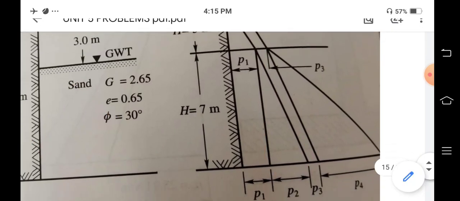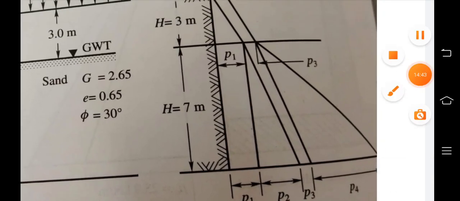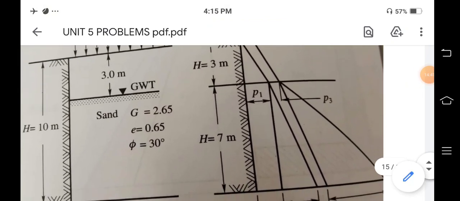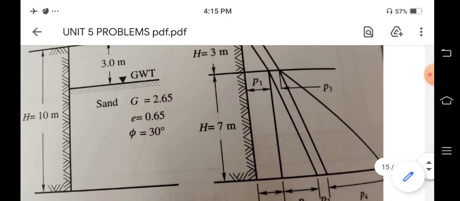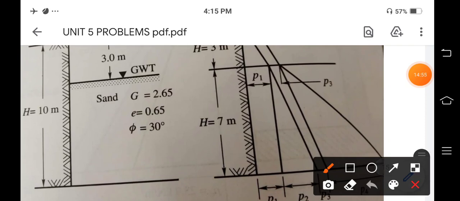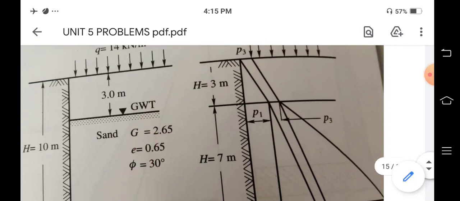And then for the next figure, this figure, we can calculate by P3, because the whole is for P3. So, this is P3 and there are two heights: this is the first height, and at the top there is the second height.